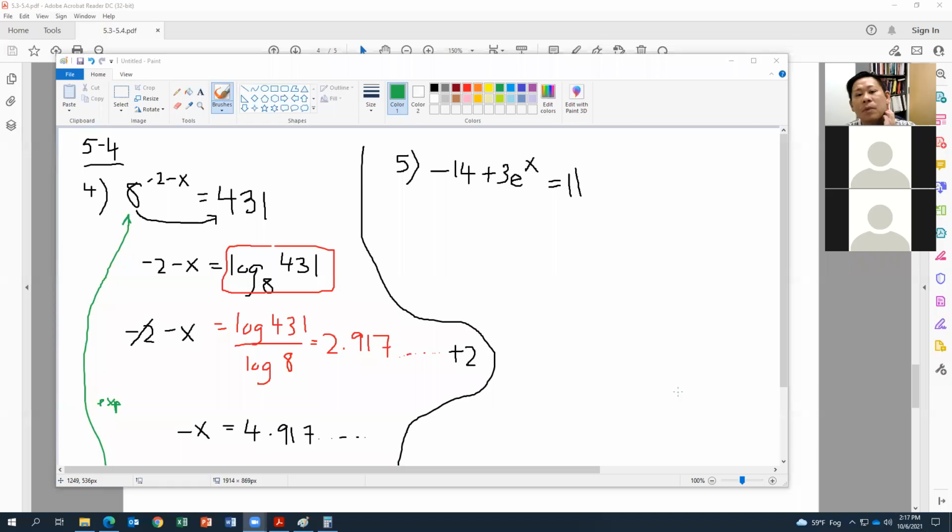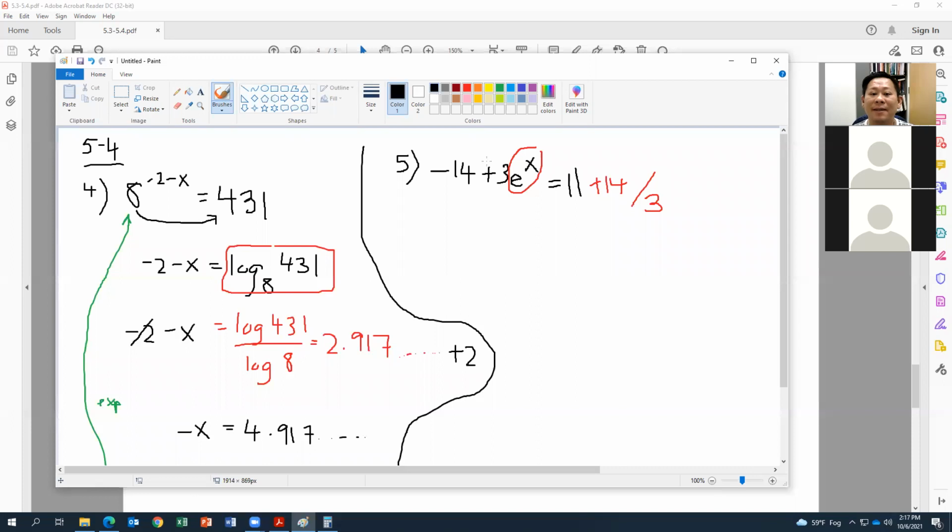So if you look at these two, question 4 and question 5, they are a little bit different from each other, because when you move the 8 here, you have to do log 43 over log 8, which is a change of base. But for this question, because the e^x is not by itself, you have to make it by itself. As what Nukin said, you have to add 14 and then divide it by 3.